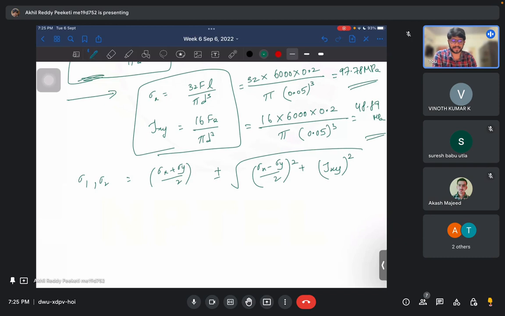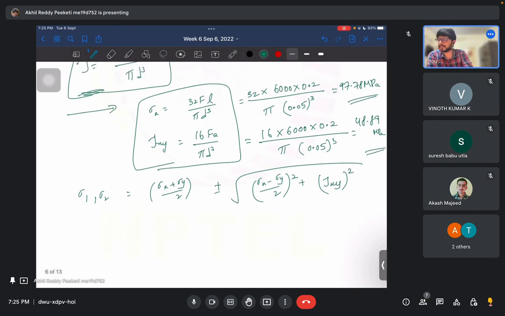No, in that question only the bending stress, the maximum bending stress. If the question is the first question you are asking, only the maximum shear stress. That's it.